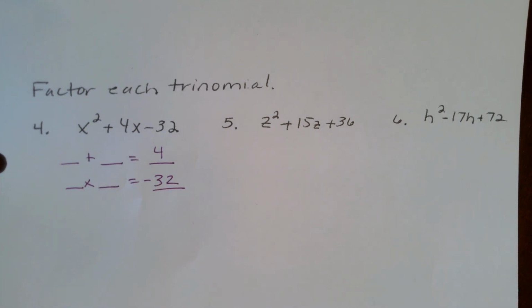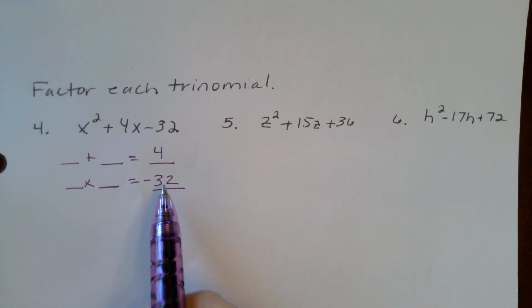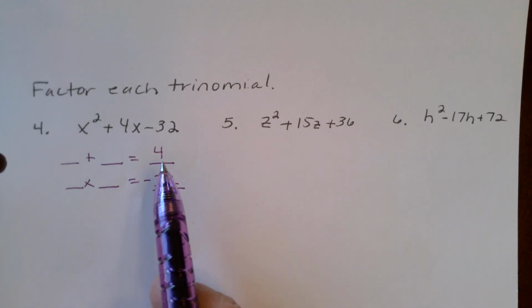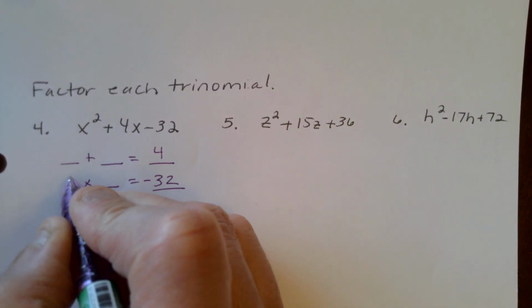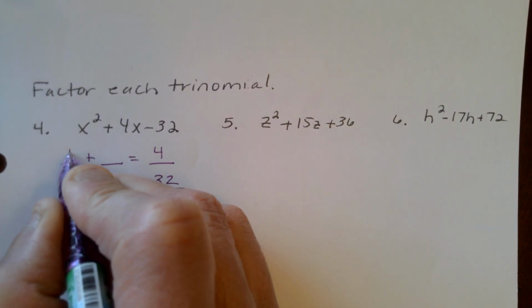And you had to think of factors of 32 where you could add or subtract them and get 4. So as you sit here and think about this, you think, oh, 2 and 16, no, the difference isn't 4. Oh, wait a minute now. 4 and 8, interesting. 4 and 8 works.